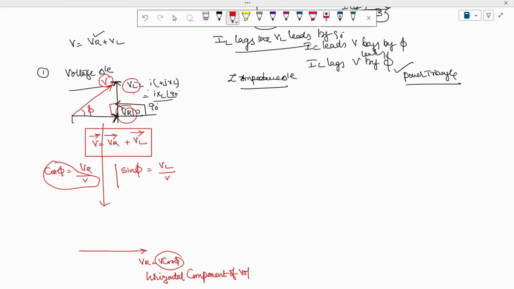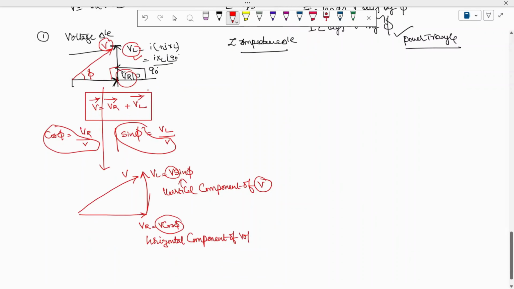And now VL value is V sin phi. So here we are going to get VL is equal to V sin phi. This line is vertical, this is called the vertical component of voltage. So the resultant you are going to get is nothing but V.